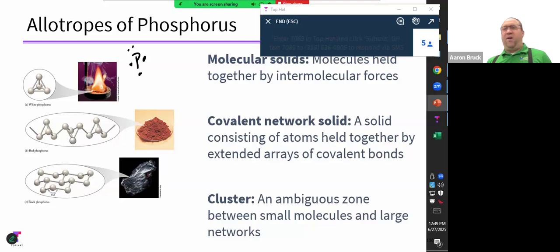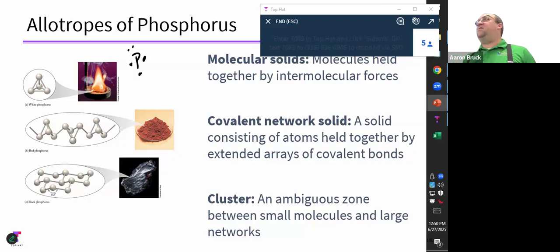When we break out of white phosphorus, because that particular arrangement is not terribly stable, white phosphorus is water stable, but not air stable, it reacts almost instantly with the air. With red phosphorus, we go to more of a ringed structure, where those four-membered rings are covalently bound to each other and create a network solid.